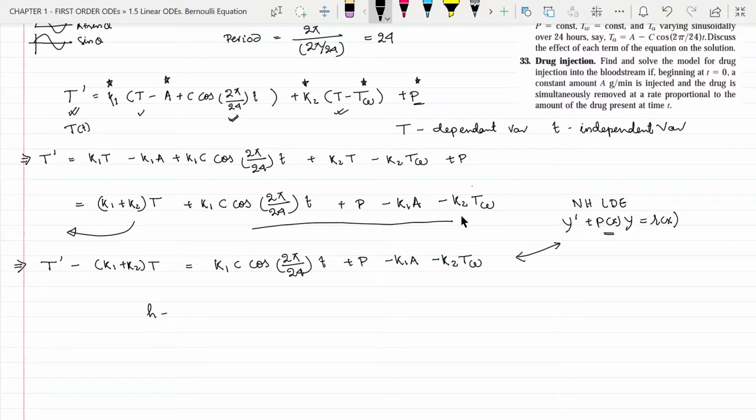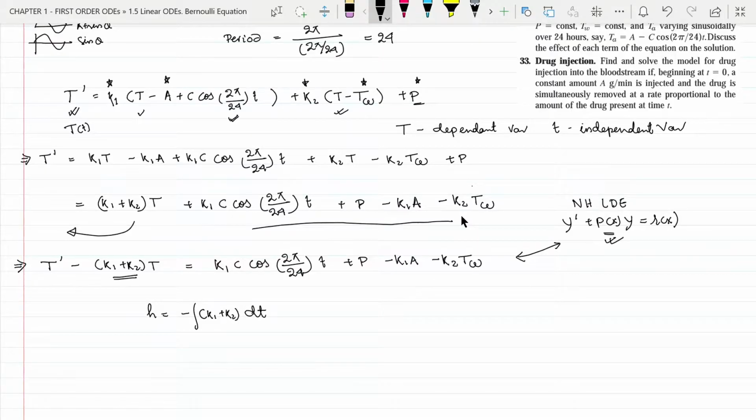So we have h equal to integration of p of x dx, and this is the p of x term. So this is equal to minus integration of K1 plus K2 dt.